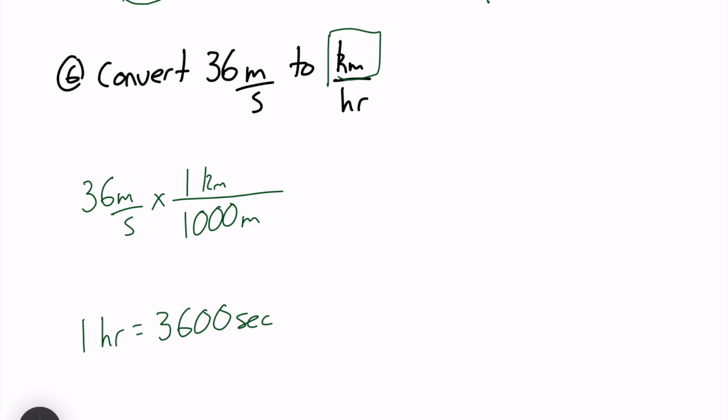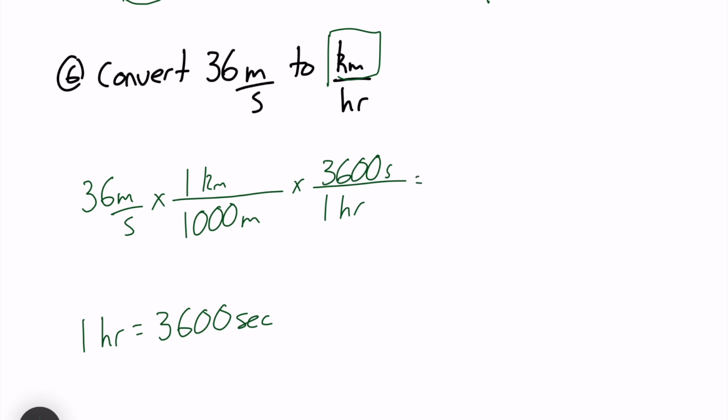Okay, so we can do this in one step. So we have another time sign line. We have seconds on the bottom. We are trying to get rid of seconds and go to hours. So we want hours on the bottom. Okay, so we will have 3,600 seconds on top is equal to 1 hour on the bottom.